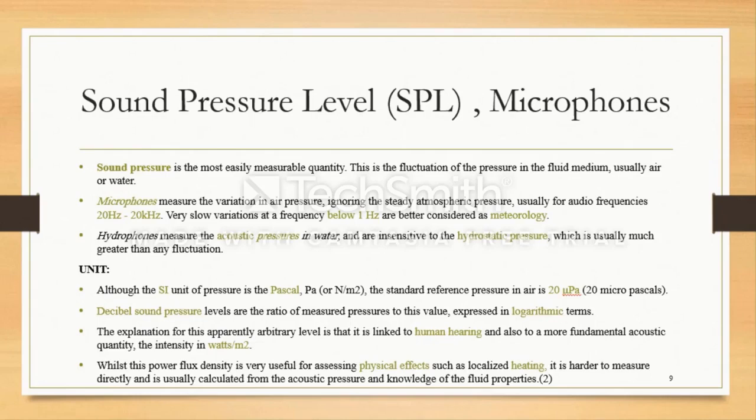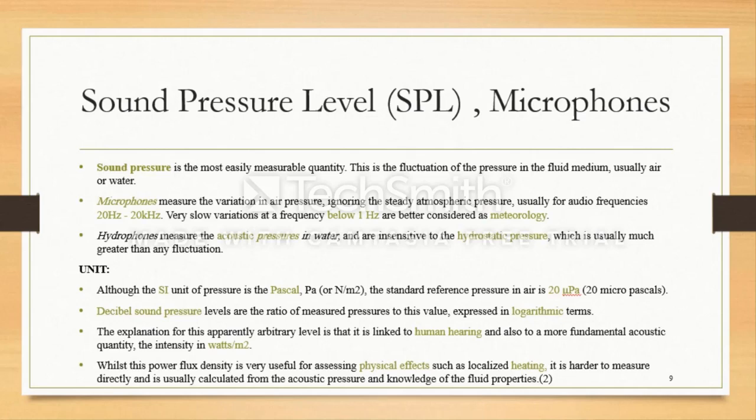SPL, sound pressure level. Sound pressure is the most easily measurable quantity. This is the fluctuation of the pressure in a fluid medium like water and air. Microphones measure the vibration in air pressure, ignoring the steady atmospheric pressure, usually for frequencies between 20 Hz and 20 kHz.